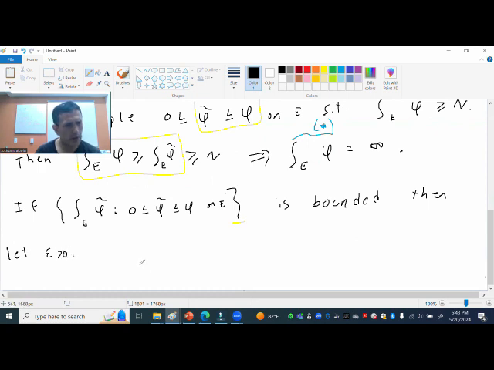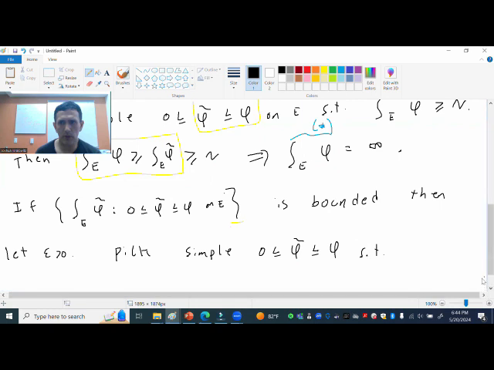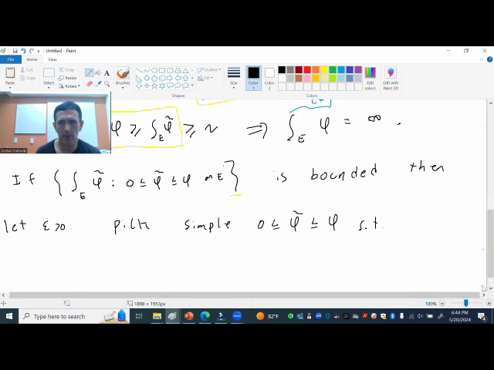So pick epsilon bigger than 0. Okay, so I'm going to pick a simple non-negative phi tilde less than or equal to phi, where this is true. Just definition of supremum, basically.